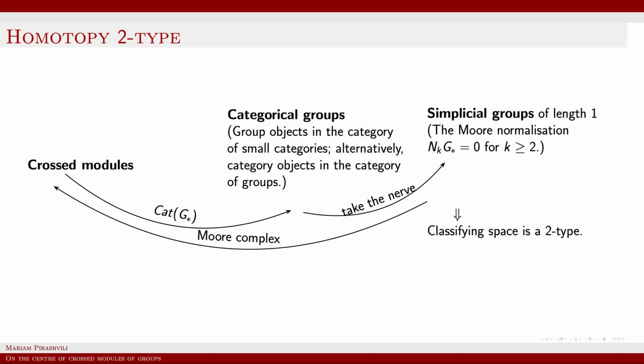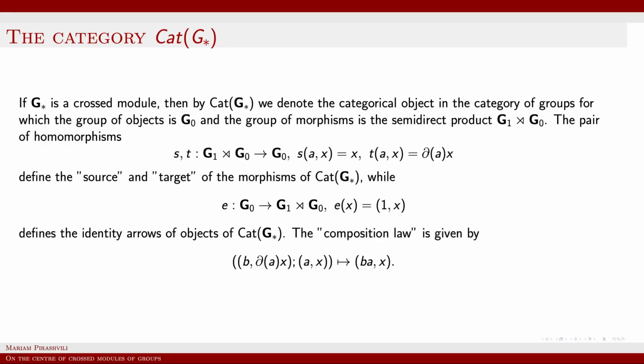So I'm going to talk about how we construct a category from a crossed module. If we have a crossed module, then we take the objects of the category to be the elements of G0, and the morphisms are going to be the semi-direct product of G1 with G0.